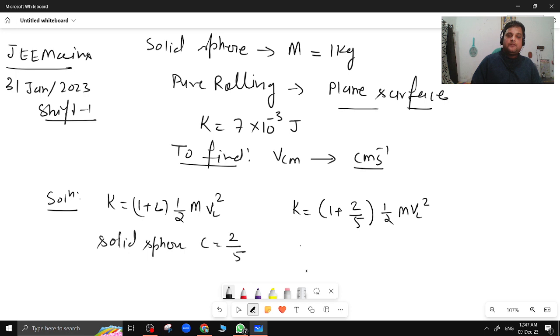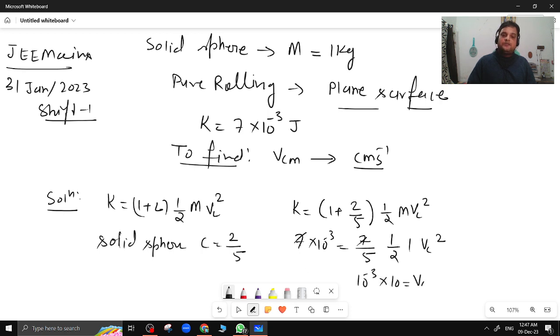K is given as 7 into 10 to the power minus 3. When we solve, 1 plus 2 by 5 gives 7 by 5, into 1 by 2, mass is 1, into Vc square. Now 7 and 7 cancel each other, and from here Vc square equals 10 to the power minus 2, so Vc equals 10 to the power minus 1 meter per second.